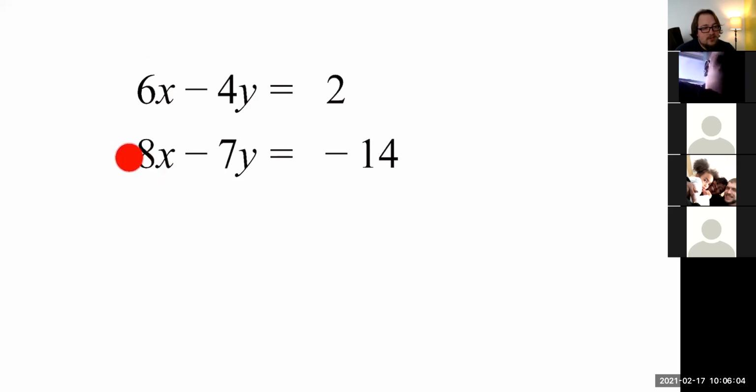If you're thinking in terms of multiplication, I could use other operations, but in terms of multiplication, I can't think quickly of a number that I can multiply 6 by to turn it into an 8. And the same for the reverse. I can't think of a number, or at least not an integer, that I can multiply 8 by to turn it into a 6. So my X's, I'm going to put those on hold.